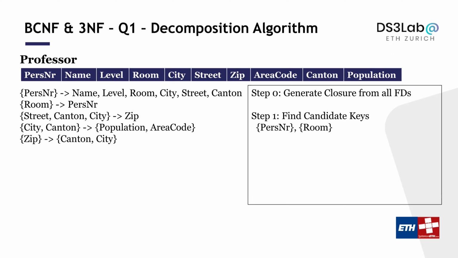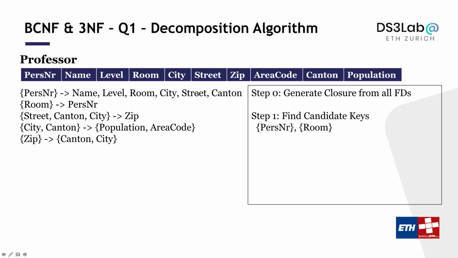So how to do that? You try to prove there's a functional dependency from personnel number to all the other attributes. In this case, personnel number decides name, level, room, city, street, canton. And then if you take city and canton, you can decide the population, area code, and so on and so forth.